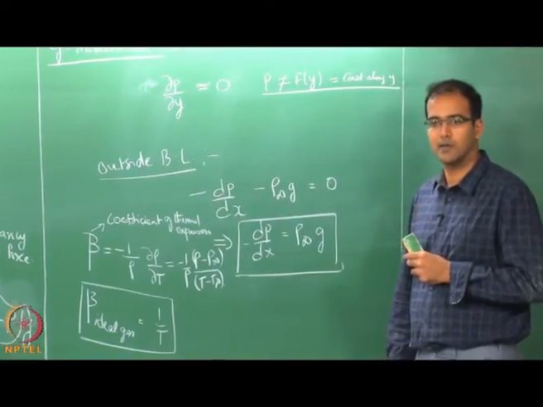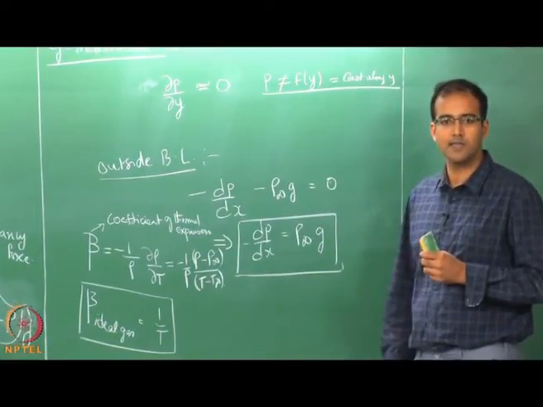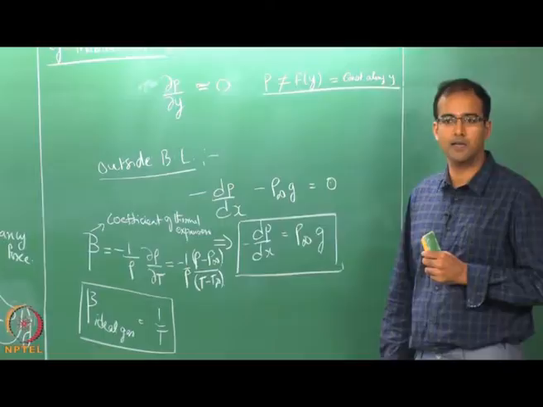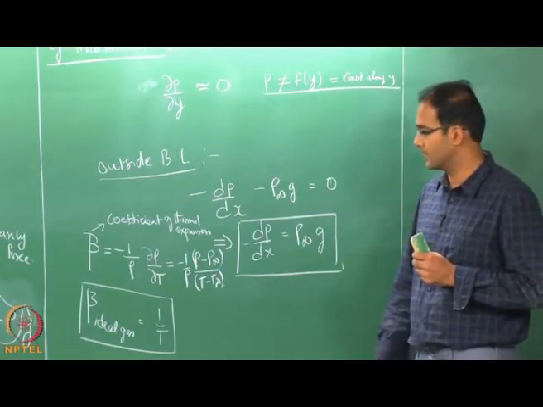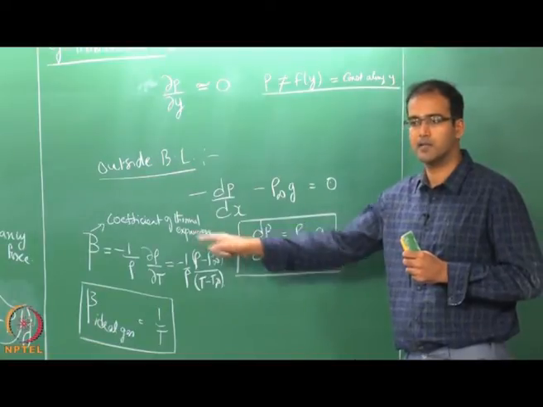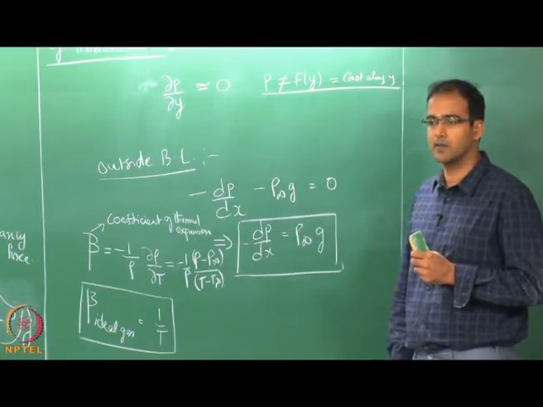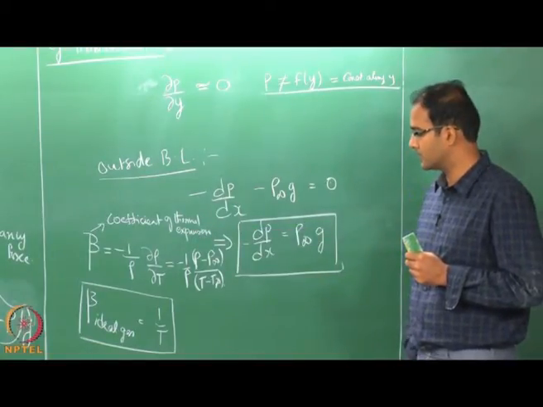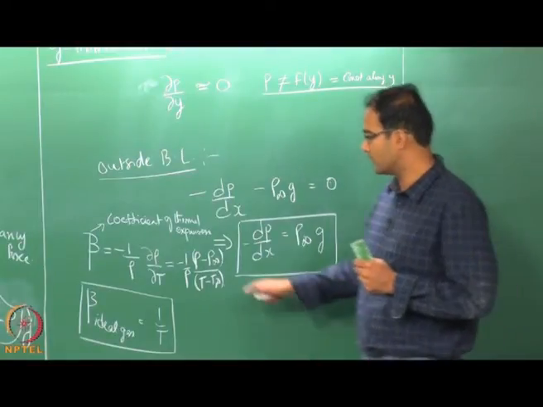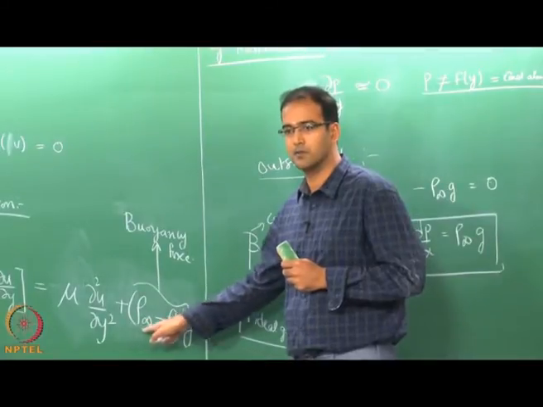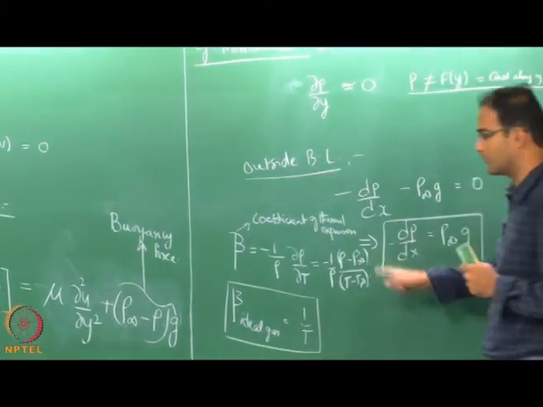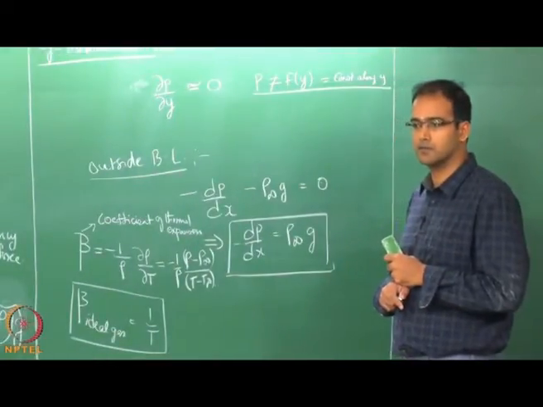For small changes in temperature, we can assume a linear variation in density, and therefore, we can approximate the derivative d rho by dT as rho minus rho infinity by T minus T infinity. Now, you can substitute for this buoyancy force rho infinity minus rho from this particular coefficient.